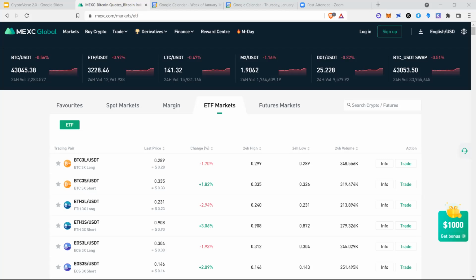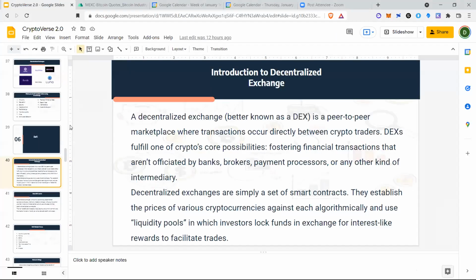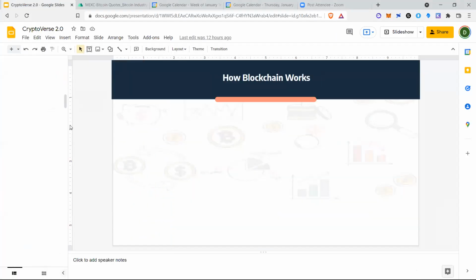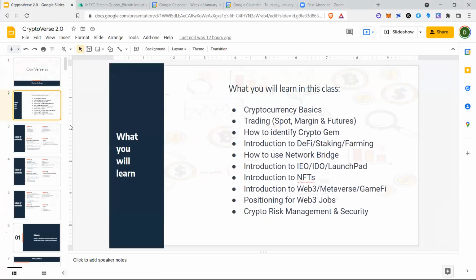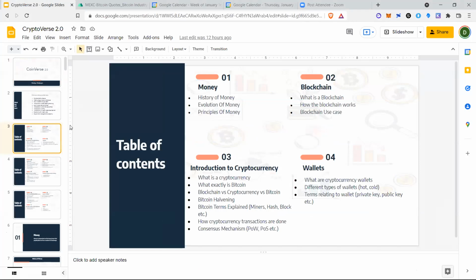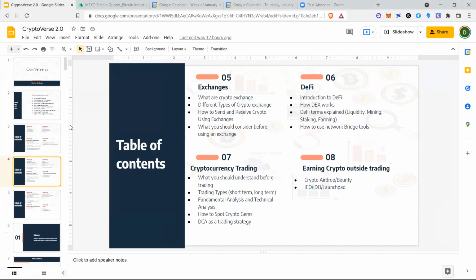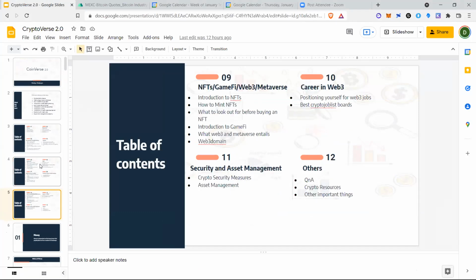We've not talked about decentralized finance. We've not talked about earning crypto outside trading, how you can earn cryptocurrency outside trading, ICO, IDO. We've not talked about NFTs, Web3, Metaverse, GameFi, and the likes.